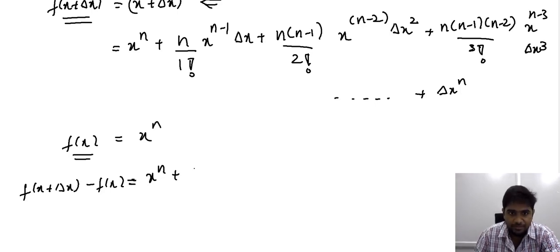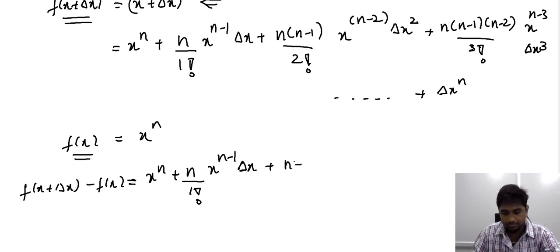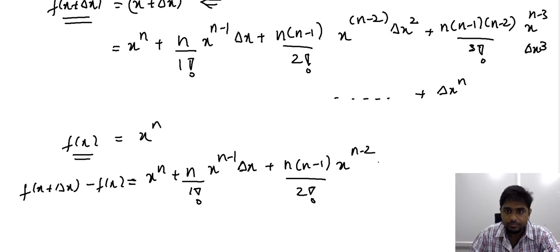So x power n plus n by 1 factorial x power n minus 1 delta x, plus n into n minus 1 by 2 factorial x power n minus 2 delta x squared, dot dot dot. We will go to the last term, that is delta x power n, and now this is minus f of x, that is x power n.